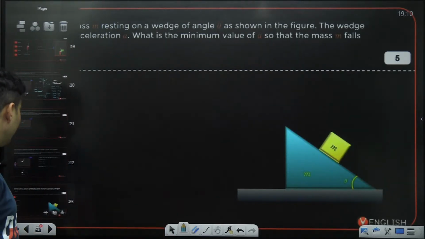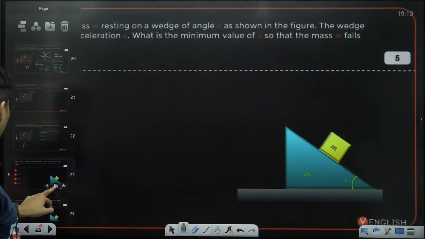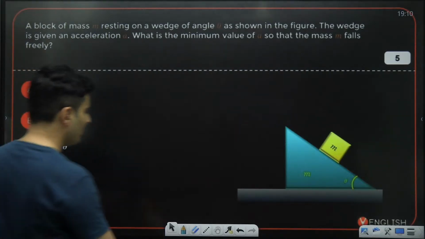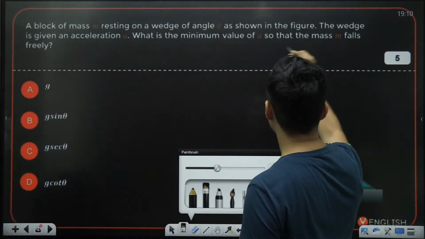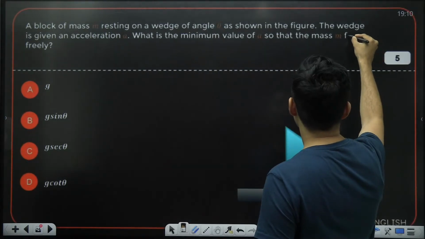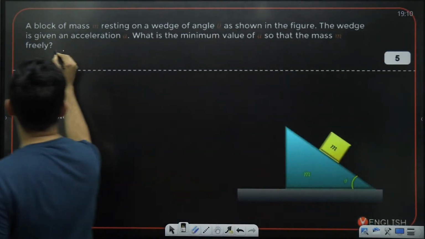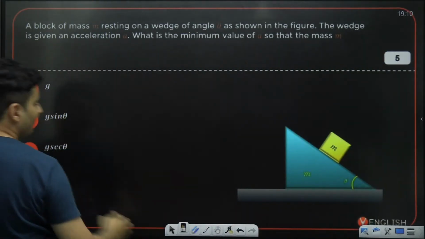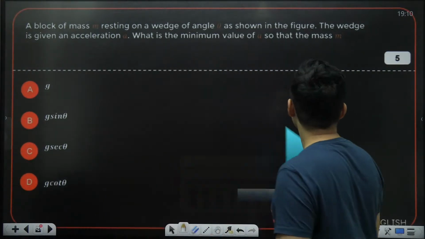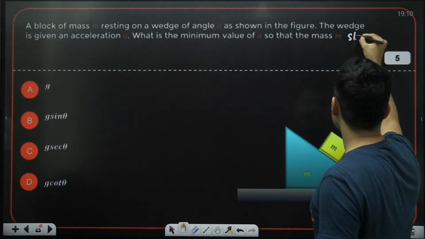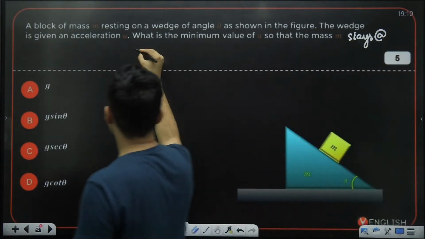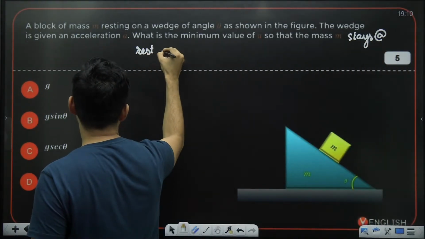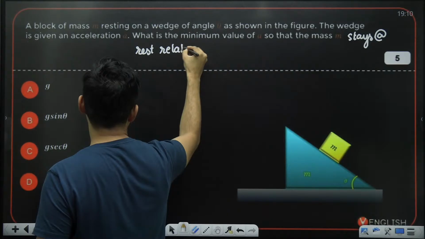There could be one more question which could be framed on this, such that this m instead of falling freely, let's say the mass m stays at rest relative to the wedge.